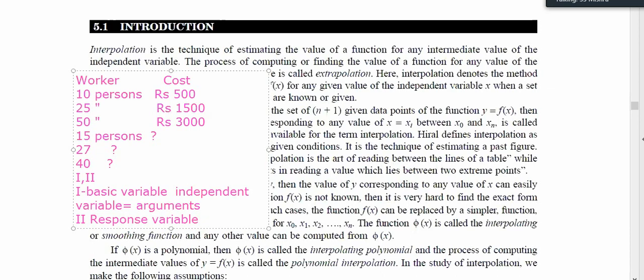So either you say independent variable or you say argument. The second variable, the response variable, is known in mathematics as the dependent variable, but in numerical methods it is known as the entry.